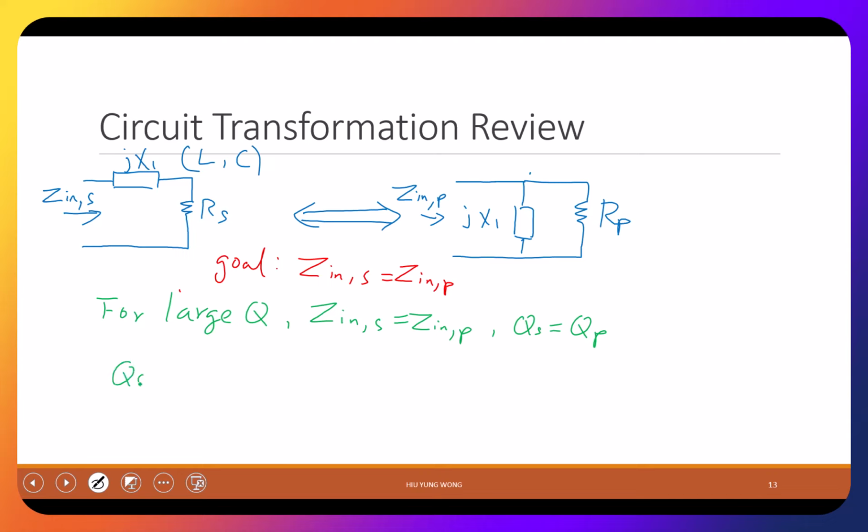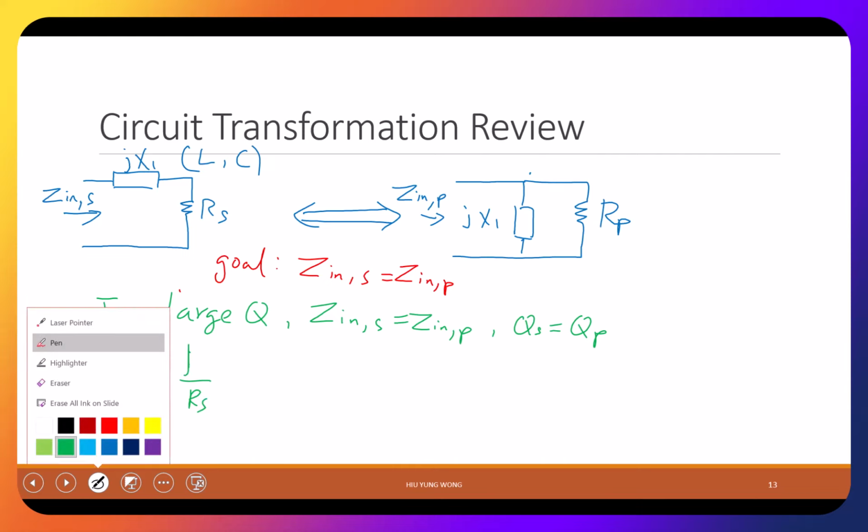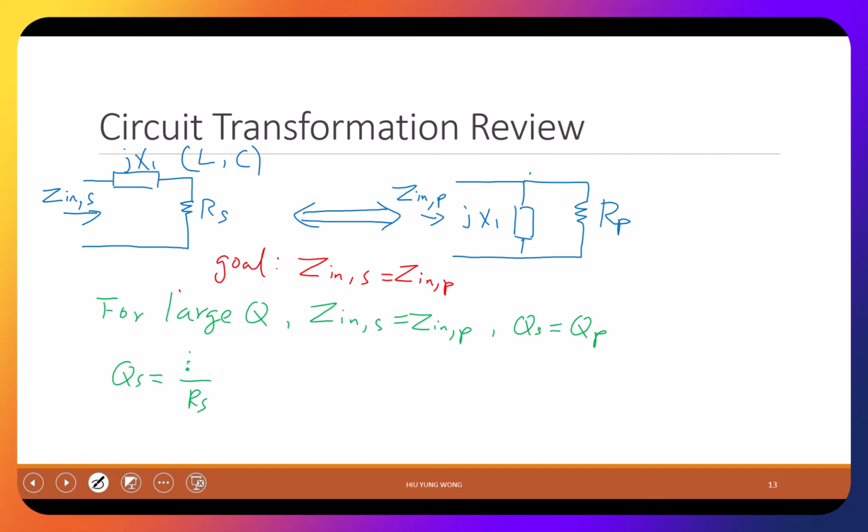So what is QS? On the left, we just discussed earlier, we were talking about parallel, but how can you make it a high Q? Do you prefer small RS or large RS for high Q? Small, right? So it must be at the bottom, then the top is going to be jX1. Yeah, j is the imaginary number, square root of -1. And then it needs to equal QP, and what is QP?